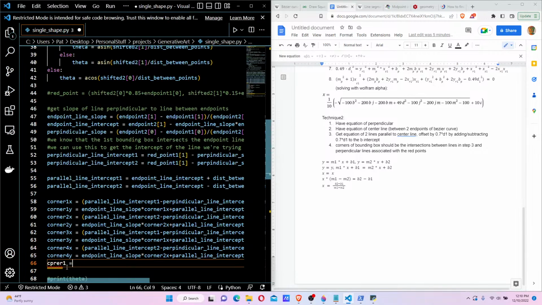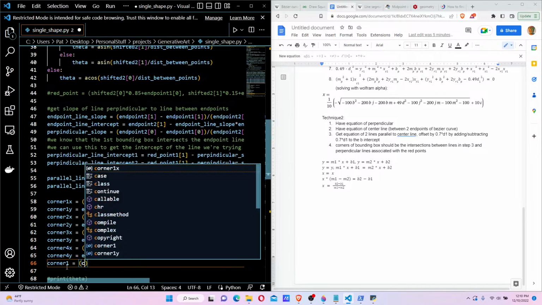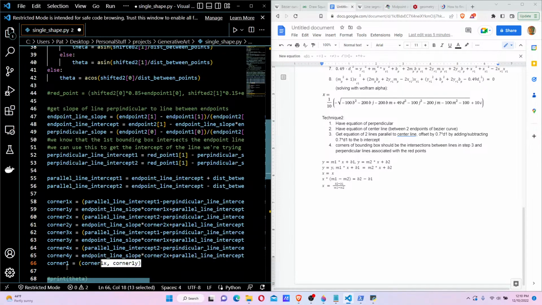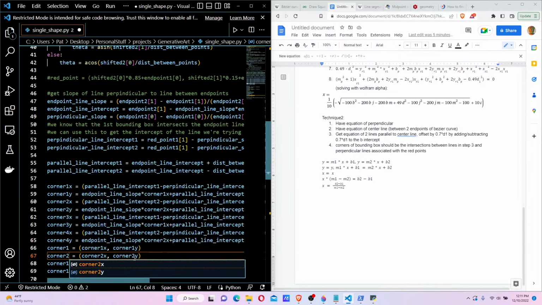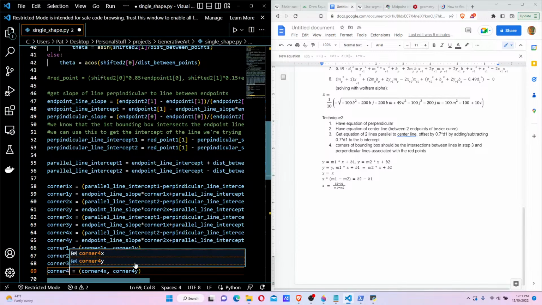So corner 1 is equal to corner 1 x and corner 1 y, and it should be that for all of them. Corner 2, corner 3, and corner 4.